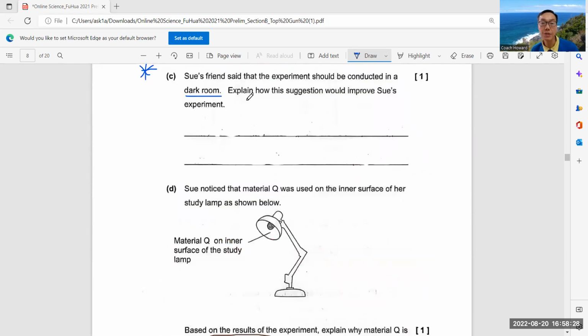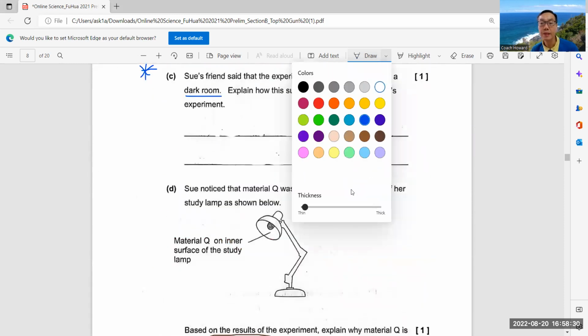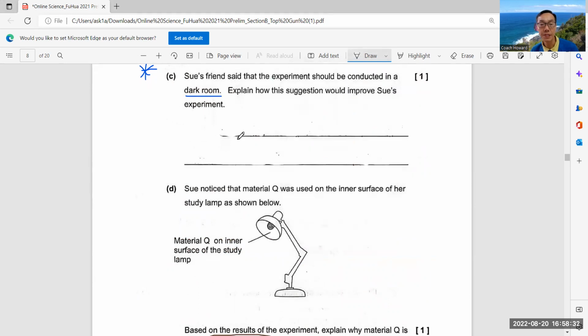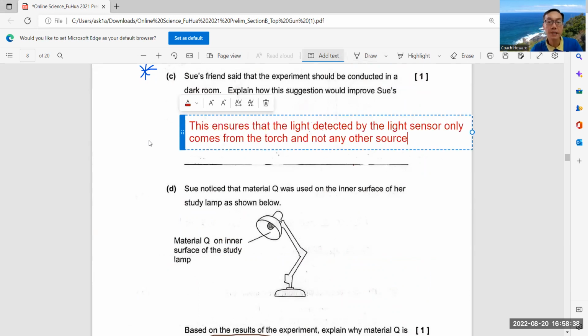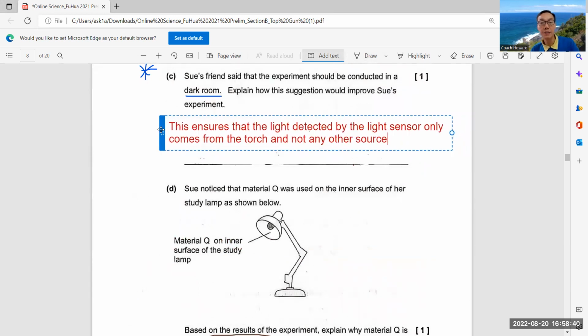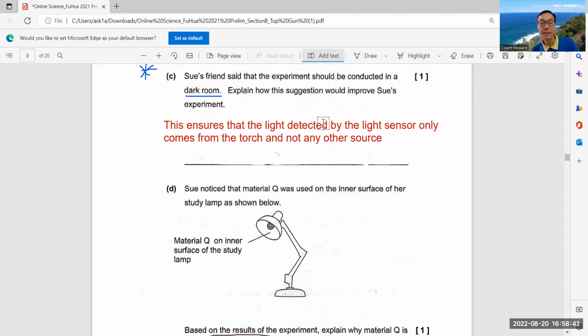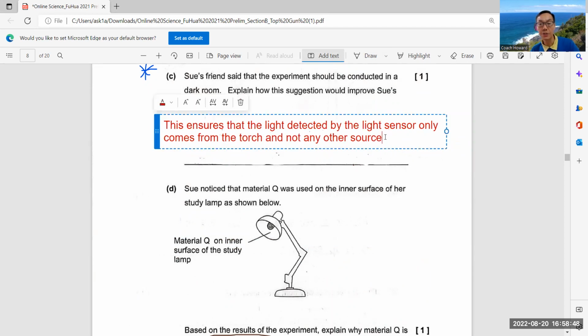Let me block off the line first. So you should answer this way: to ensure the light detected by the light sensor only comes from the torch and not any other light source.